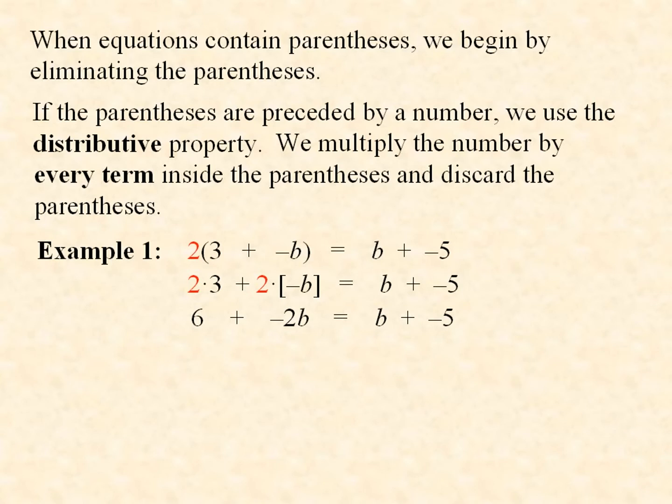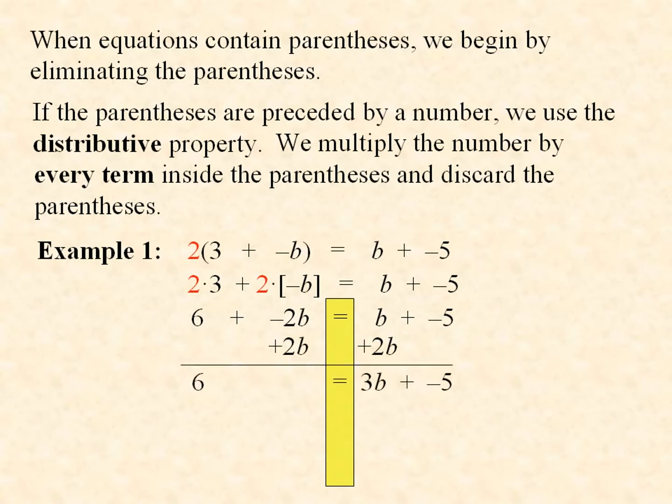Now we need to eliminate the variable from one of the sides, since it's on both sides. Let's draw our little box so we can pay closer attention to the sides. We'll eliminate the negative 2b. I hate negative numbers. We add 2b to both sides. And that leaves us with 6 on the left equals 3b + (-5) on the right.